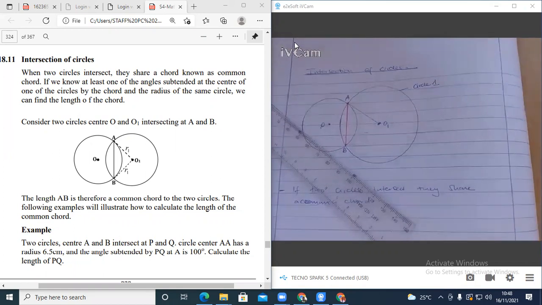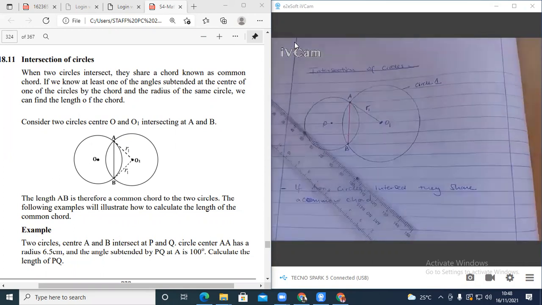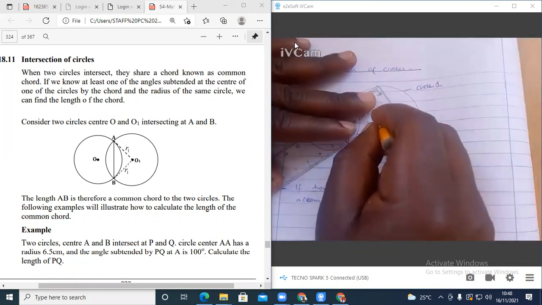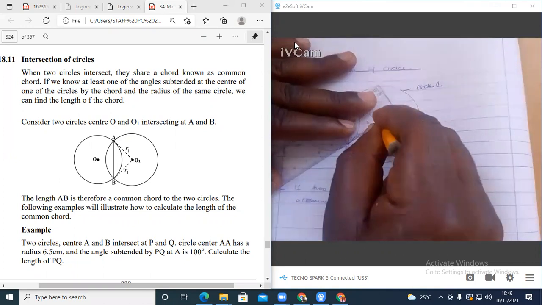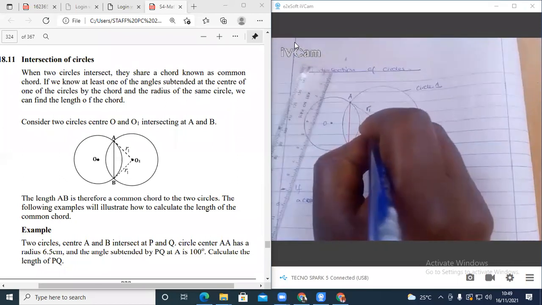So that is a radius, and that radius is for circle 1. So I call it R1. Okay. Then if I draw another radius from the center O1 to B, that is also a radius. And also that radius is for circle 1. So I call it R1.